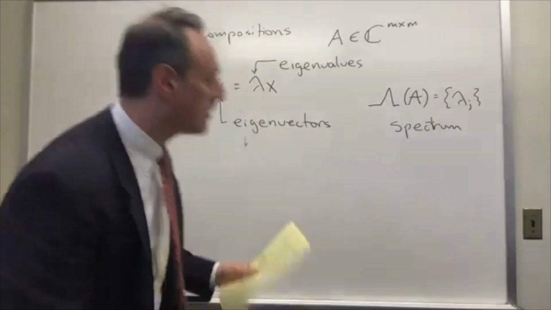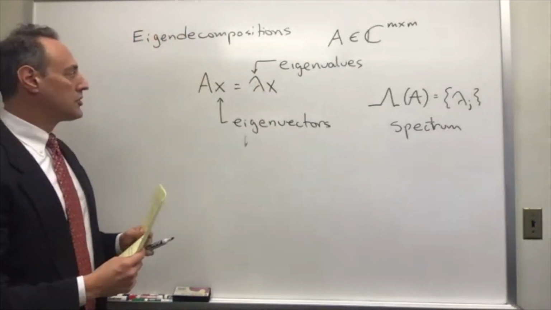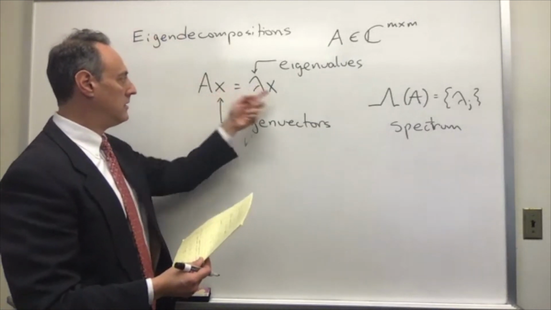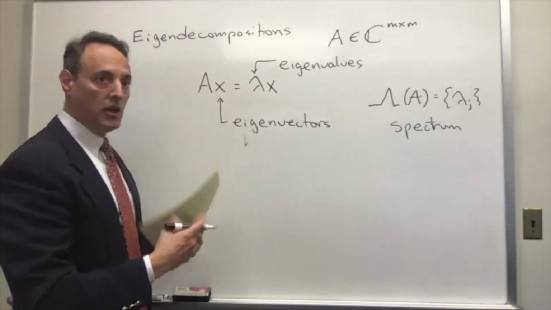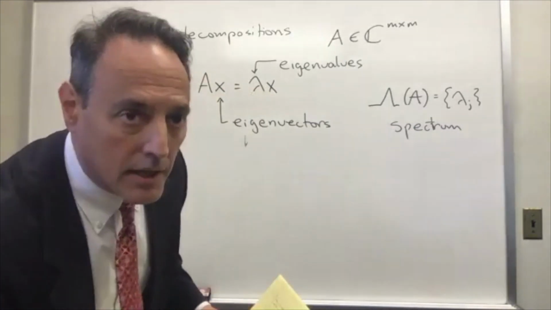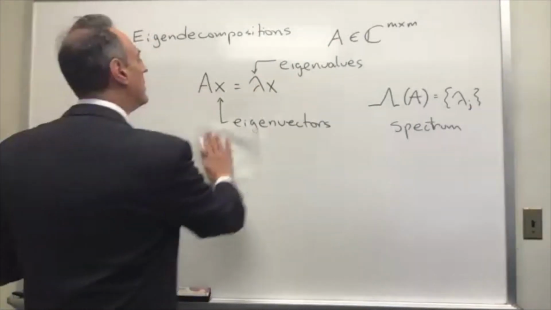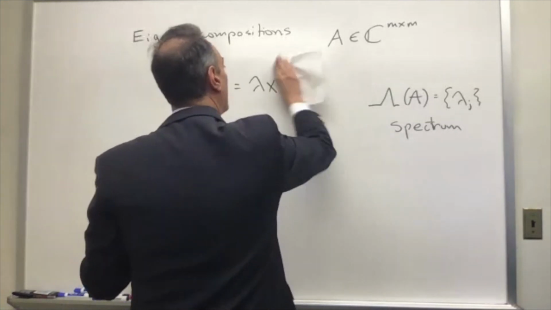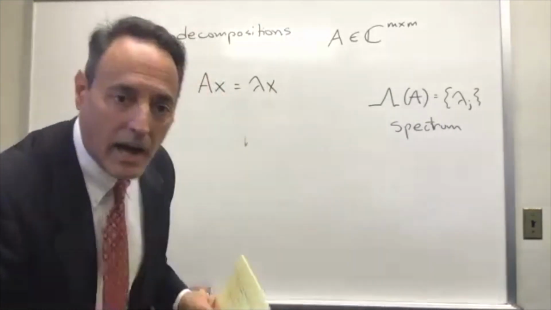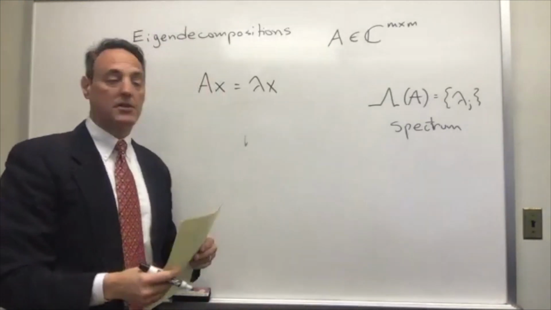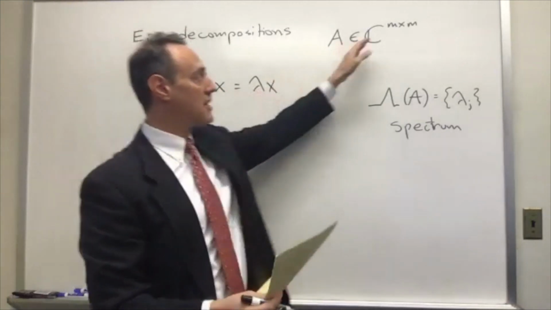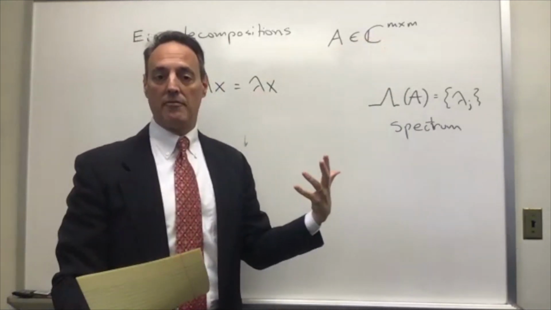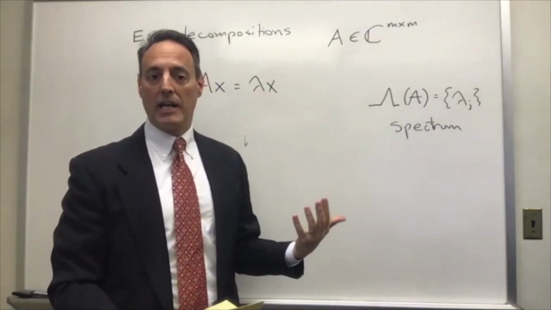Okay, so what I've shown you here is one vector with one eigenvalue, but really, generically, you may have quite a few eigenvalues and eigenvectors. In fact, if this is an m by m matrix, you could have up to m different eigenvalues and m different eigenvectors.